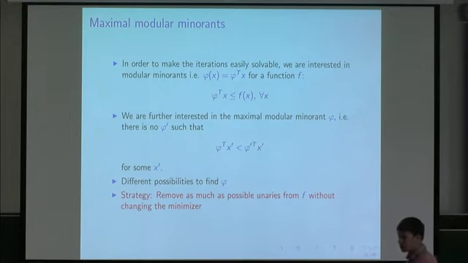And we are also interested in maximal modular minorants, which means that there is no other phi prime such that this expression here is less than this expression using phi prime here. Of course, there are different possibilities to find this maximal modular minorant, so it's not a unique solution to that. And our strategy is to remove as many unaries as possible from this function to the other function, because if we can remove as many unaries as possible, then we somehow get the best minorant to that function.